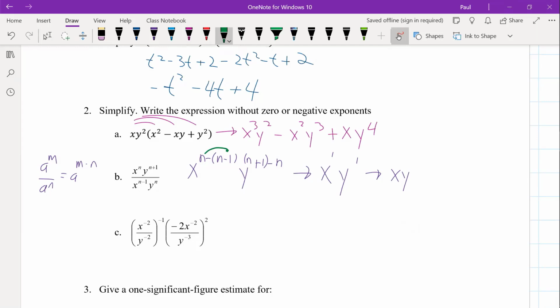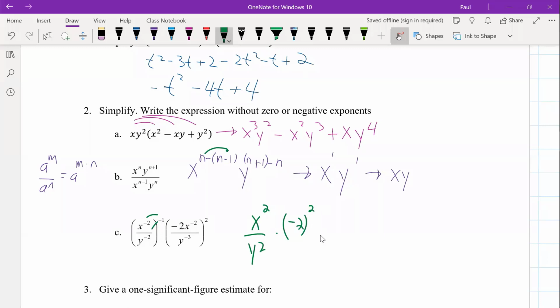First, I would distribute the exponents for that. What does that give you? That would give positive x to the second over y to the second, times negative 2x to the fourth.